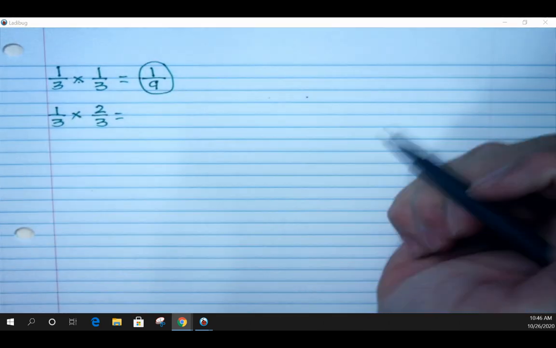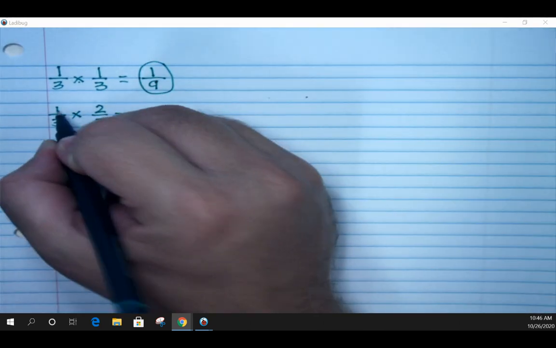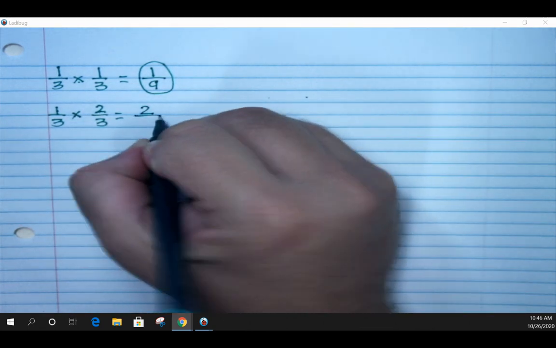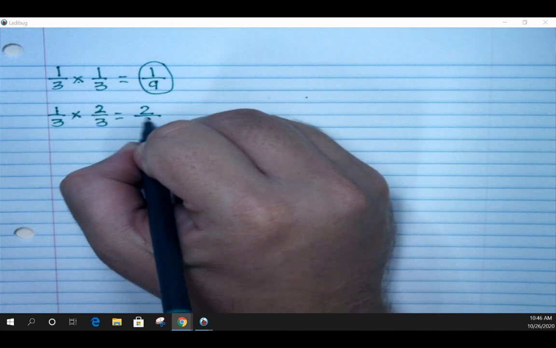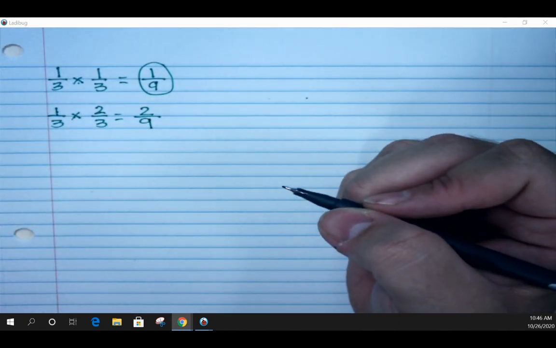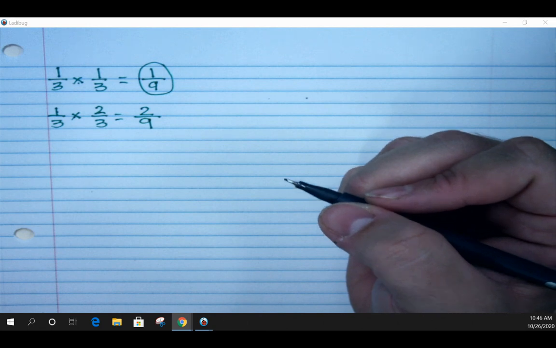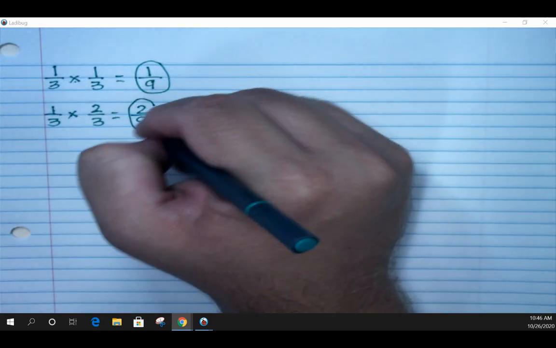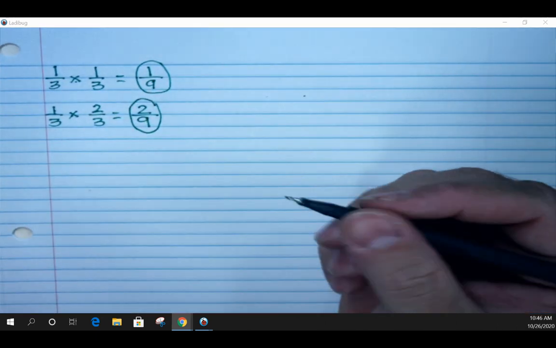Unit fraction. 1 times 2 is 2, 3 times 3 is 9. Is it consecutive? What number can go into both of those? 1. Anything else? No, so it is simplified.